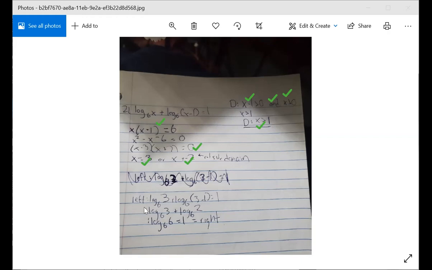And left-hand side, log. So here we have a -2. -2 is outside domain. Is that what you're writing there? Outside domain. Okay. That's all right.